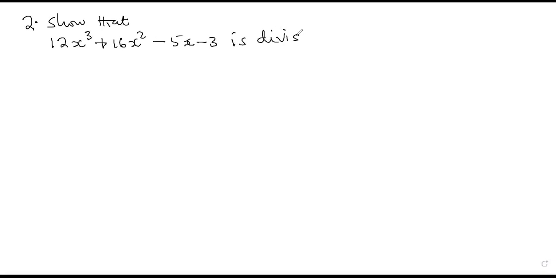Example 2 reads, show that 12x cubed plus 16x squared minus 5x minus 3 is divisible by 2x minus 1, after find other factors. Find other factors. This is as easy as you can imagine.